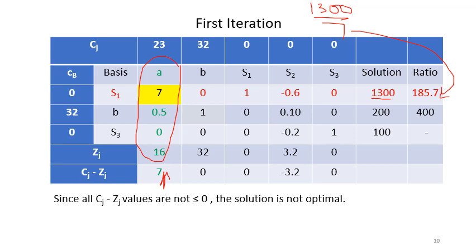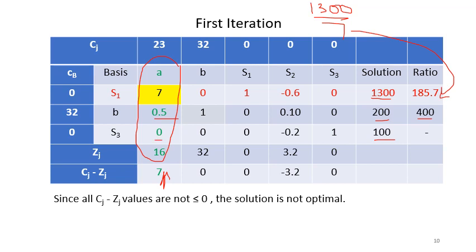Similarly, 200 divided by 0.5, that will be 200 into 2, that is 400. And this you will not do, because 100 divided by 0, there is no value.